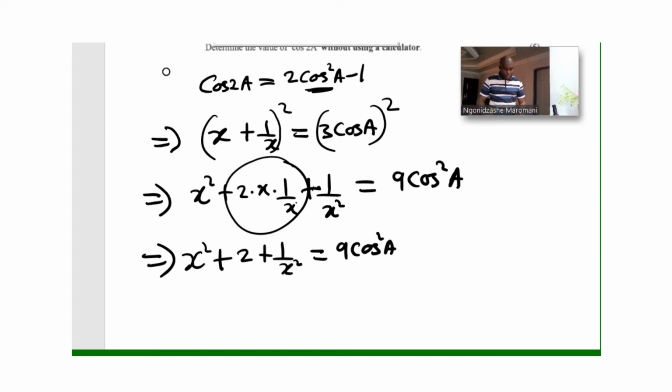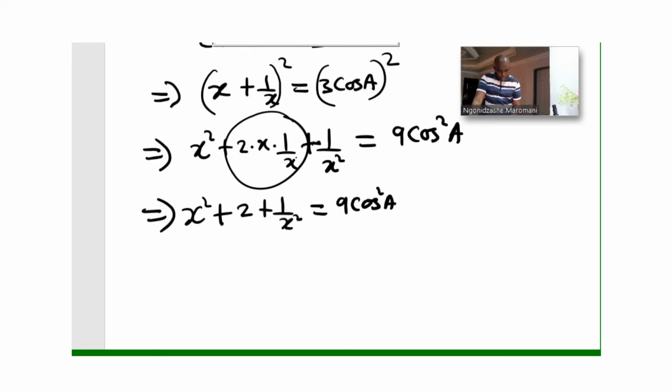Let's take this closer: x squared plus 1 over x squared plus 2 equals cos squared a.